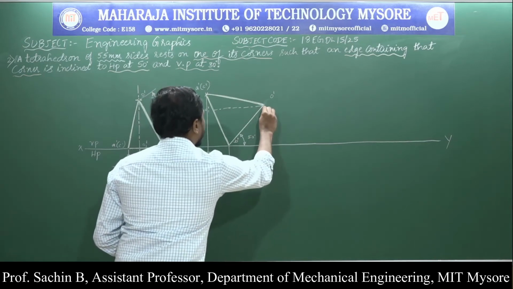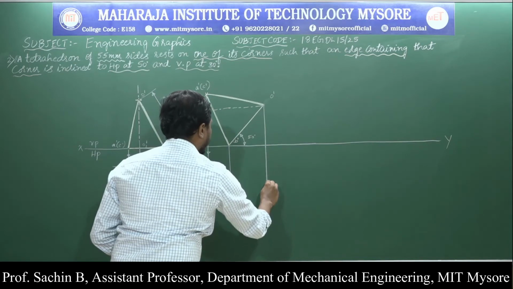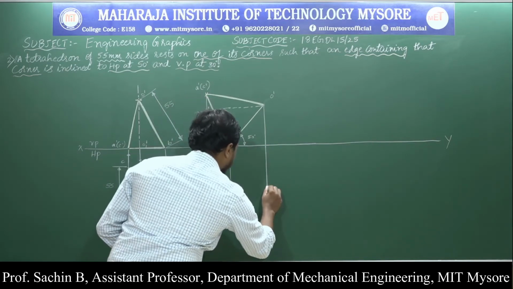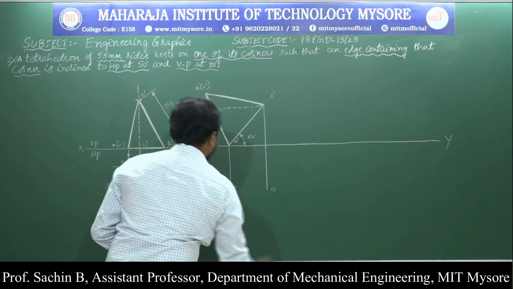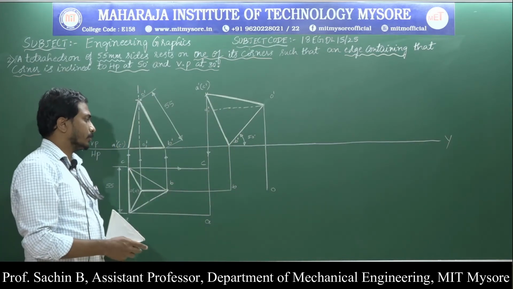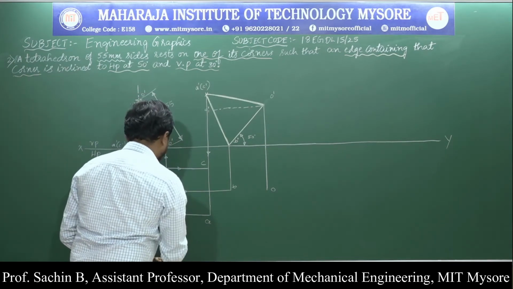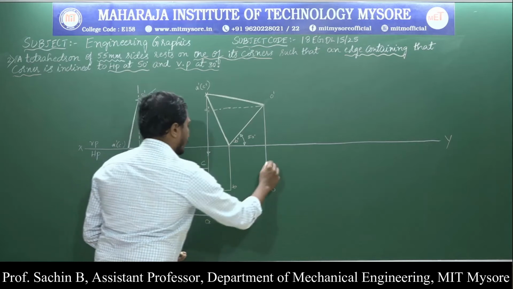Next I will go for drawing from the O dash point. This is O point. Now the projection lines, drawing the projection lines, I finished from the top views and front views.